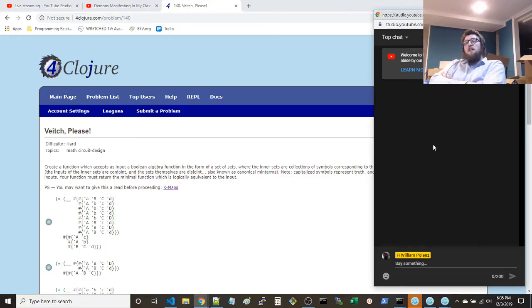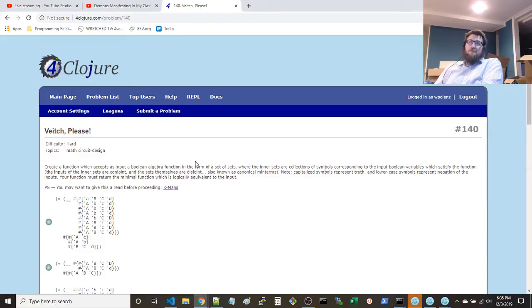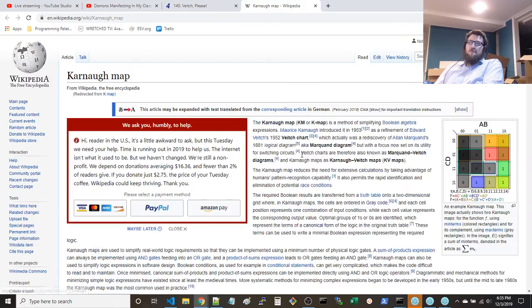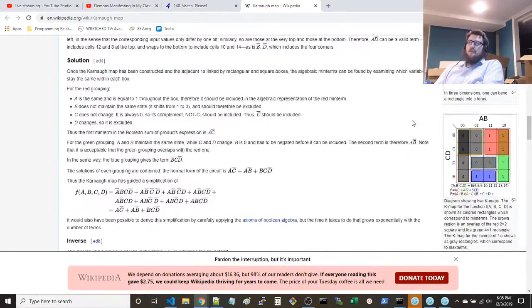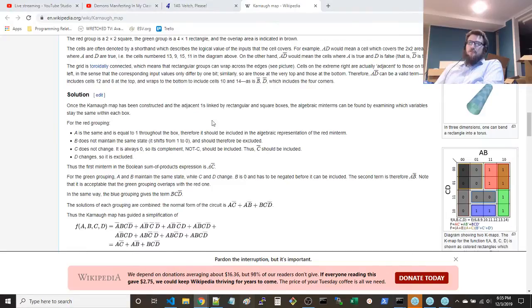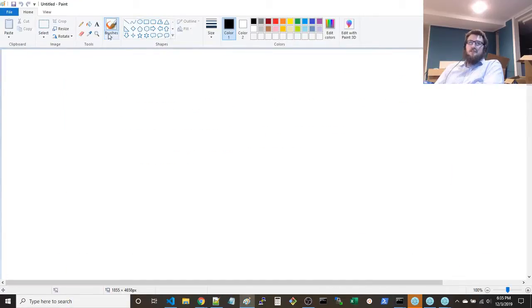Okay. So these things they're describing are called Kmaps, and Kmaps are pretty cool, actually. But basically, to explain it in simple terms, I'll try to explain it quickly.